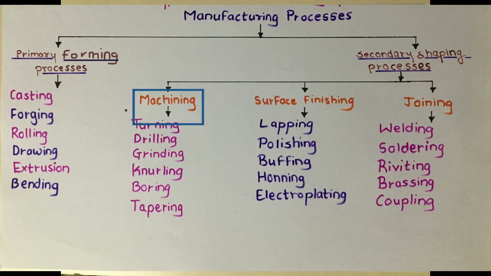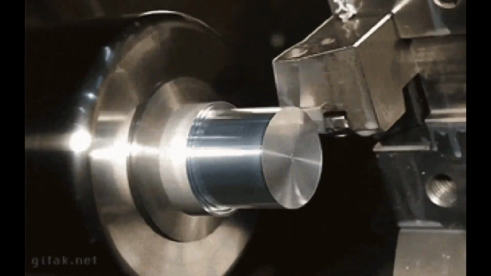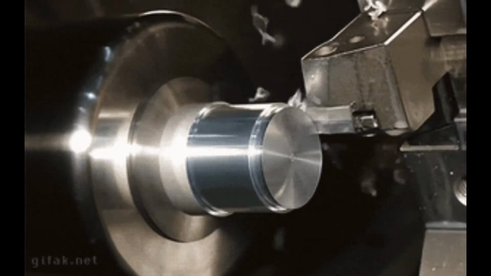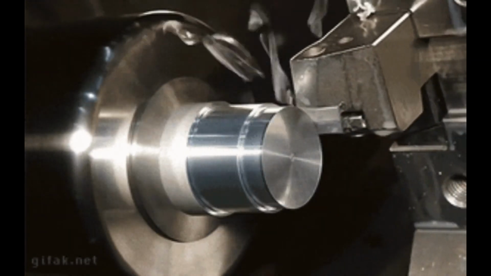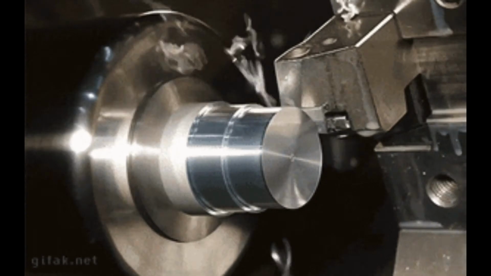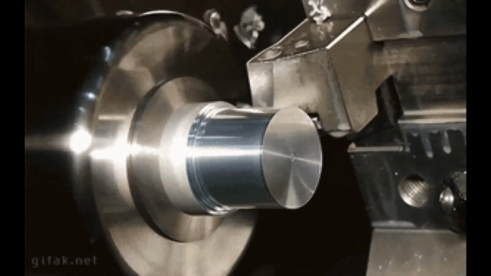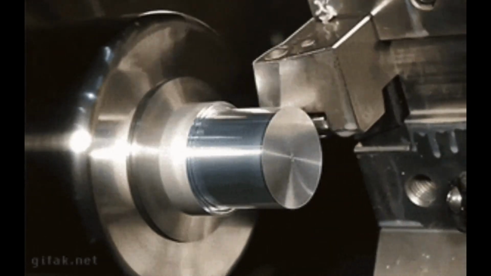So we will start with its types. First is the turning type. Turning is the operation generally performed on the lathe machine, where the workpiece is rotating and the tool's position is adjustable and stationary.